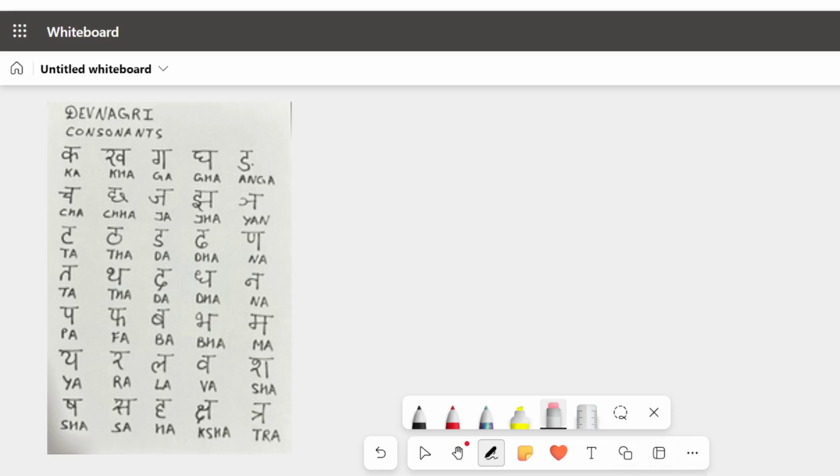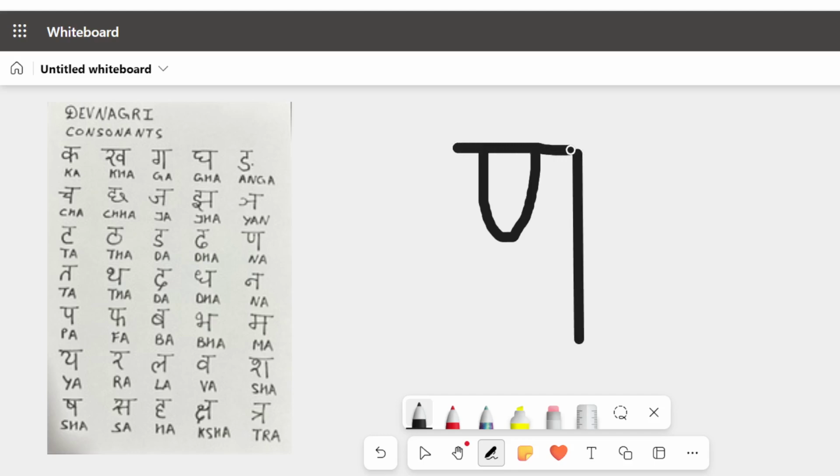The next letter that we see on the row is Na. To write this one, start by writing something that looks like a small U, a long line next to it like this, and then this letter is covered on the top like this.